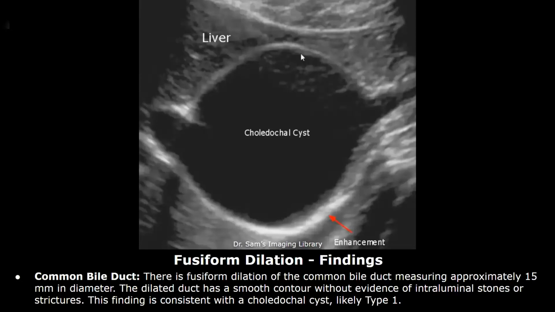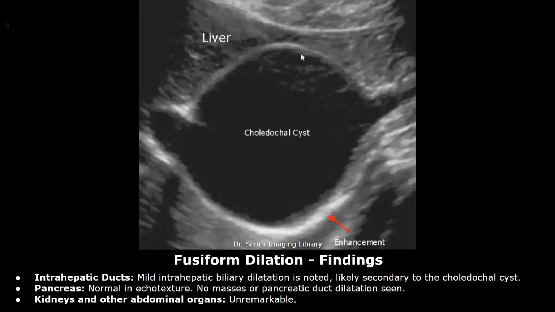The dilated duct has a smooth contour without evidence of intraluminal stones or strictures. This finding is consistent with a choledochal cyst, likely type 1. Intrahepatic ducts: mild intrahepatic biliary dilatation is noted, likely secondary to the choledochal cyst. The pancreas, kidneys, and other abdominal organs are unremarkable.